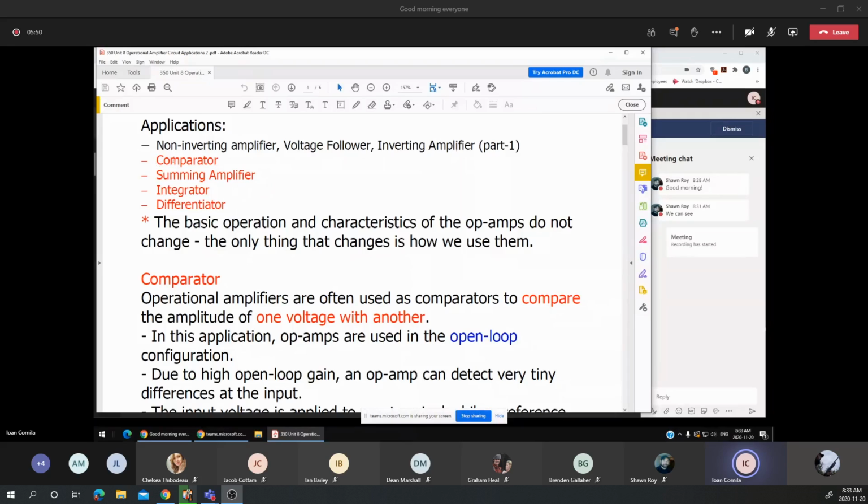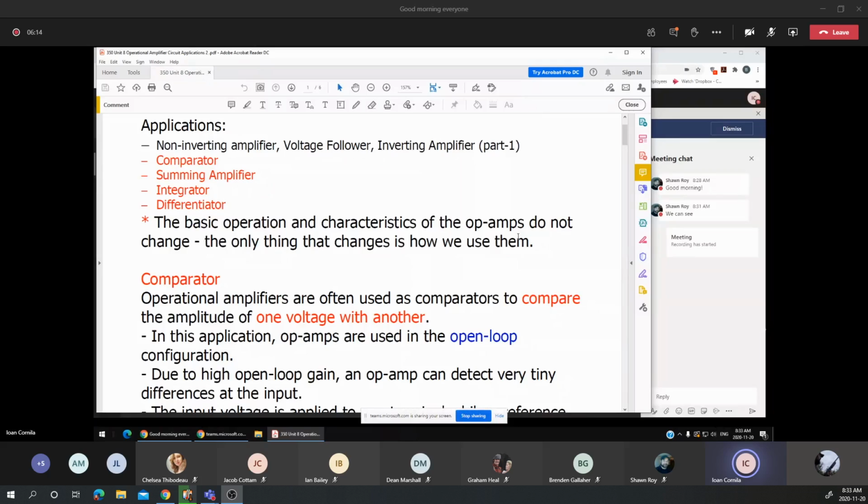The other applications that I will talk about are a comparator, a summing amplifier, an integrator, and a differentiator. To remind you, the characteristics and the basic operation of an op-amp do not change. The only thing that changes is how to use them.